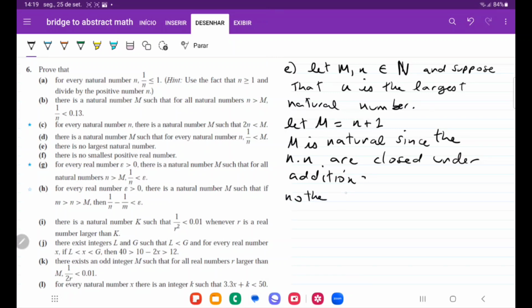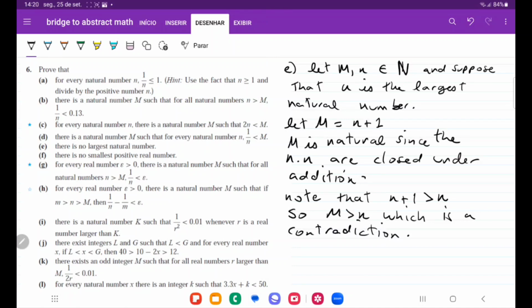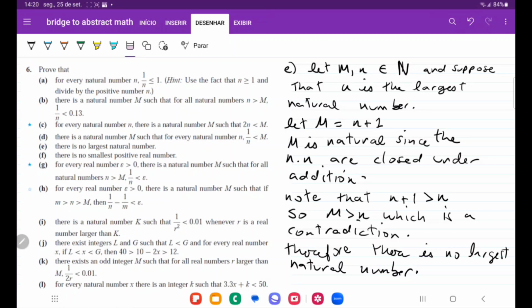Note that n plus 1 is greater than n, so m is greater than n, which is a contradiction. So the conclusion is: therefore, there is no largest natural number. And that is it for item E.